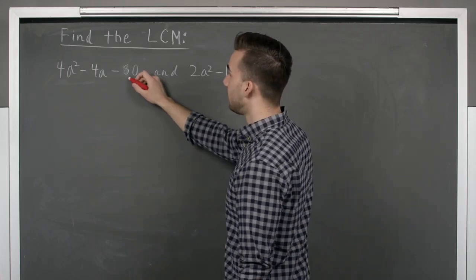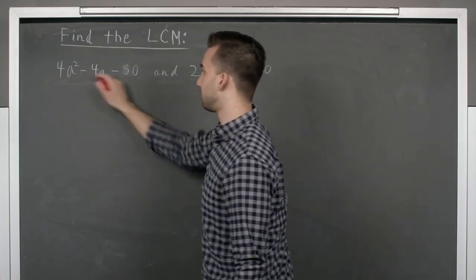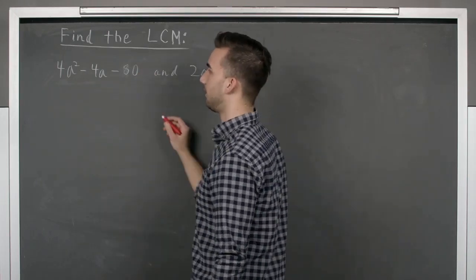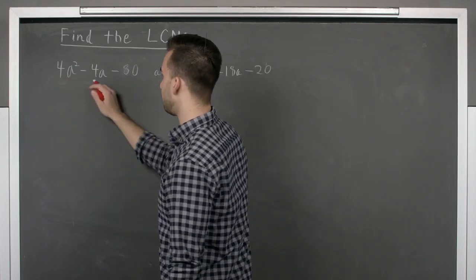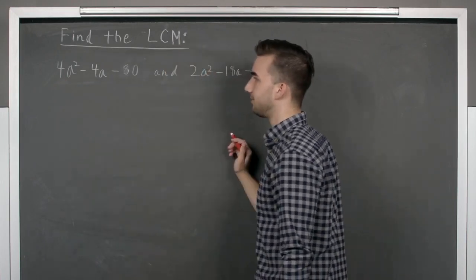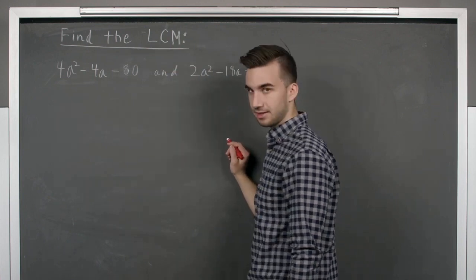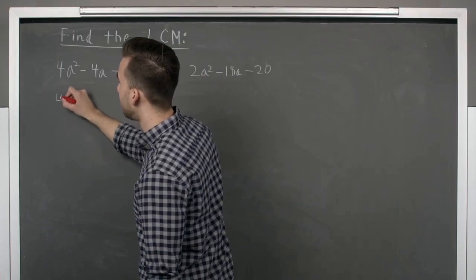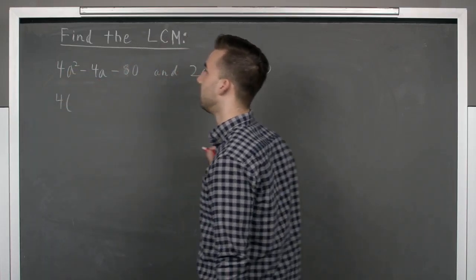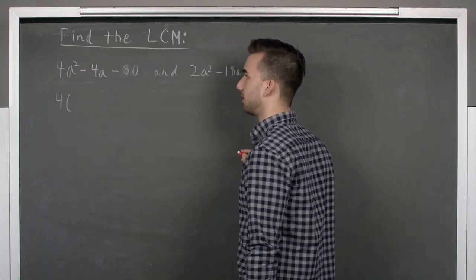But let's just look at this first expression first. How can we factor it? Well, looks like we have a common factor of 4 that we can factor out. So let's do that.